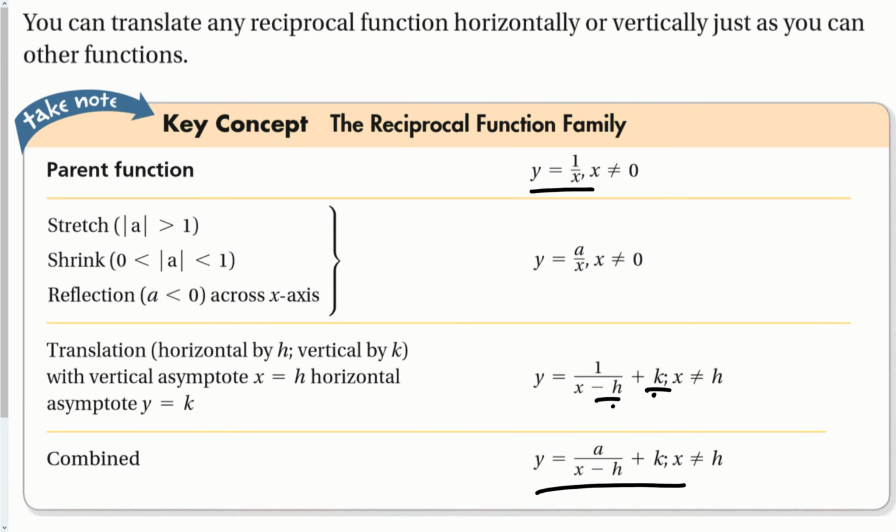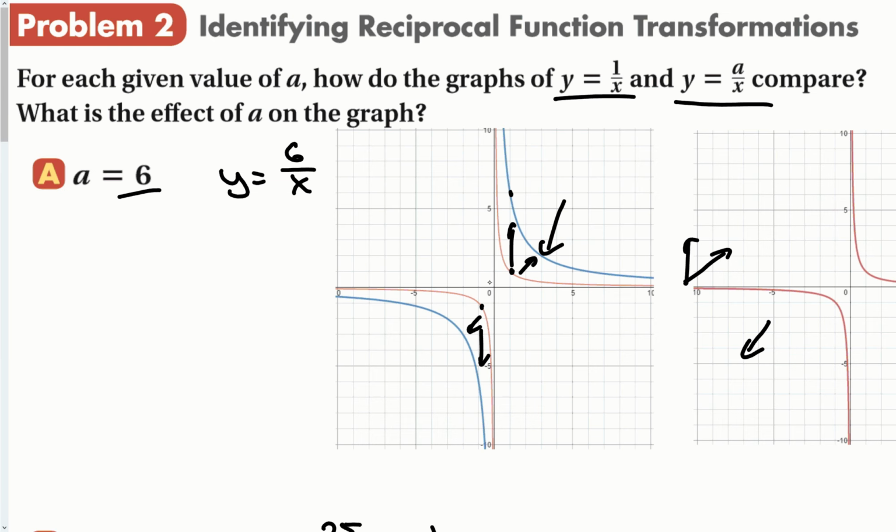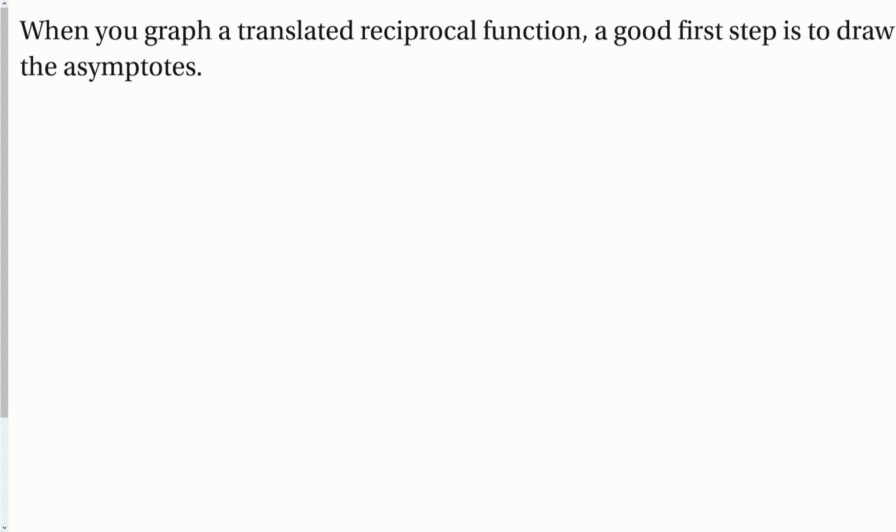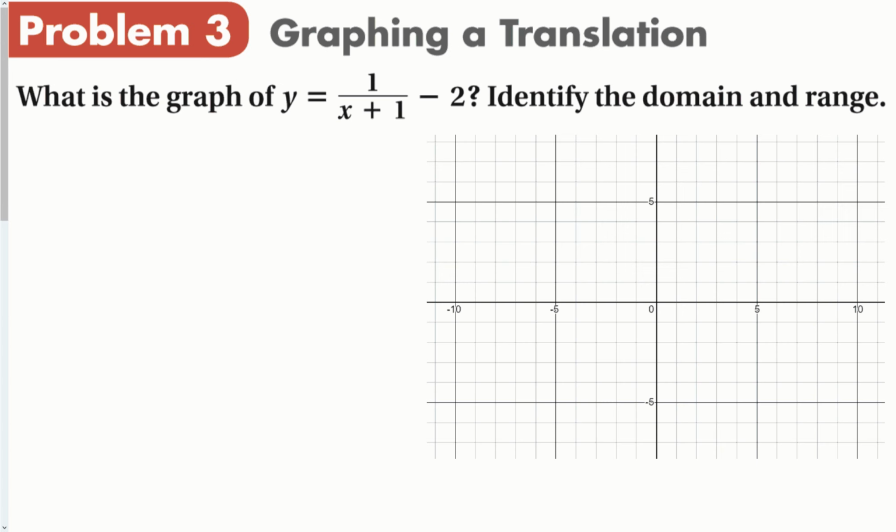So even in all of these, the asymptotes were 0, 0. How do I know that? Because if I look at this function, it hasn't been shifted left or right. Okay. So when I look at this function, it has been shifted. That 1 shifts the graph left 1. This shifts it down 2.